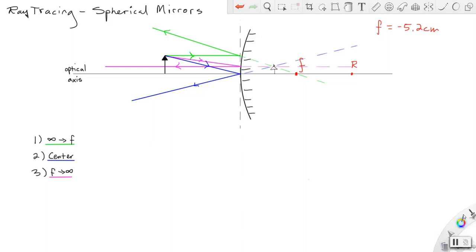Remember that we have an object distance of 7 centimeters. So we can check where our image is located: q is equal to 1 over f minus 1 over p, flipped. I know we keep using this equation in the same way over and over.